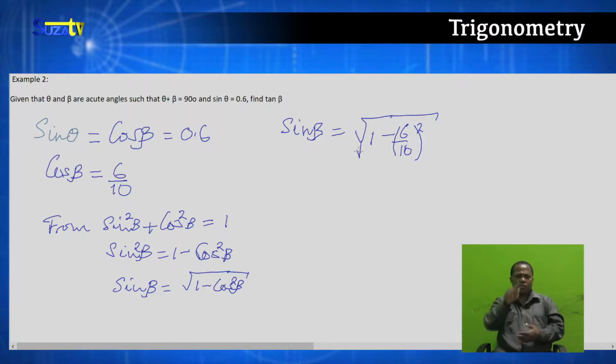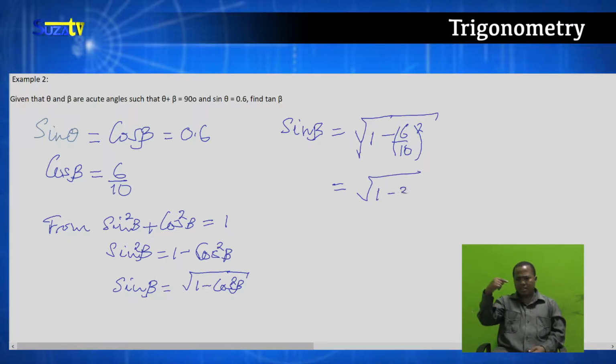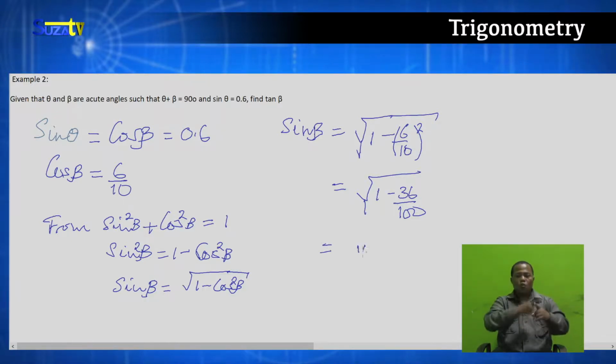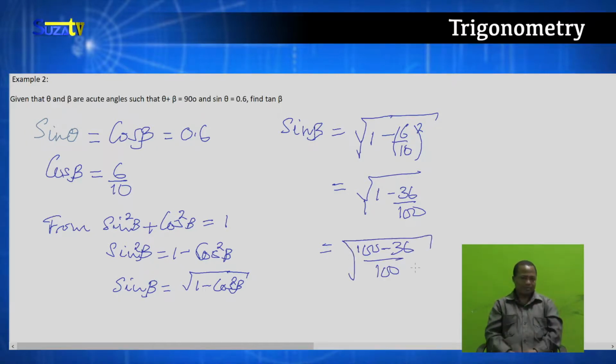We have to square that, and finally we have square root of 1 minus 36 over 100. And if you put it clearly, you have 100 minus 36, whole thing over 100, under the root.